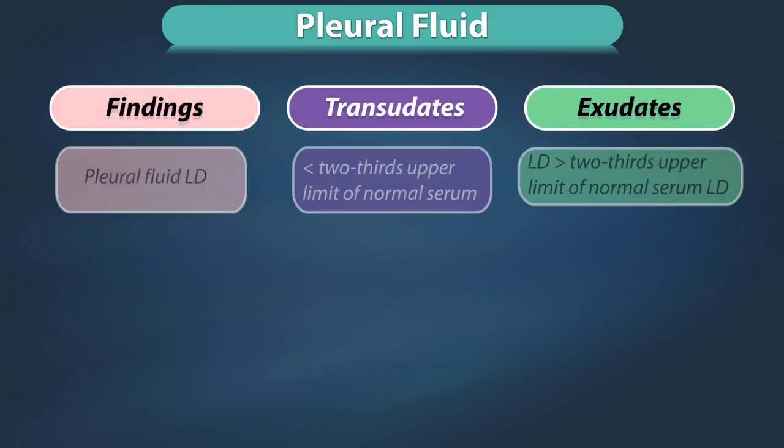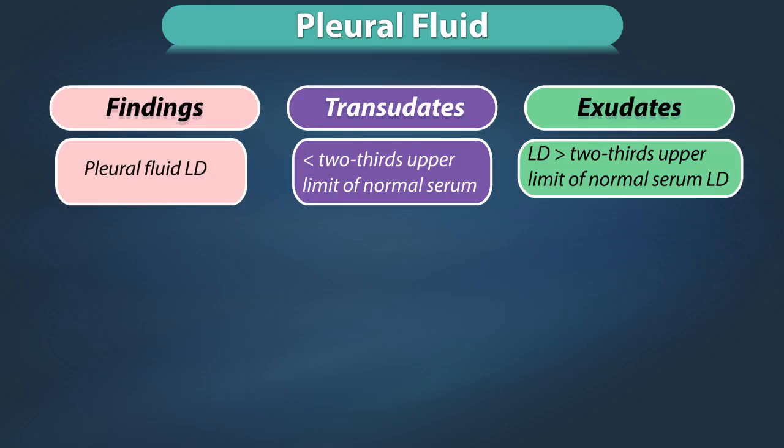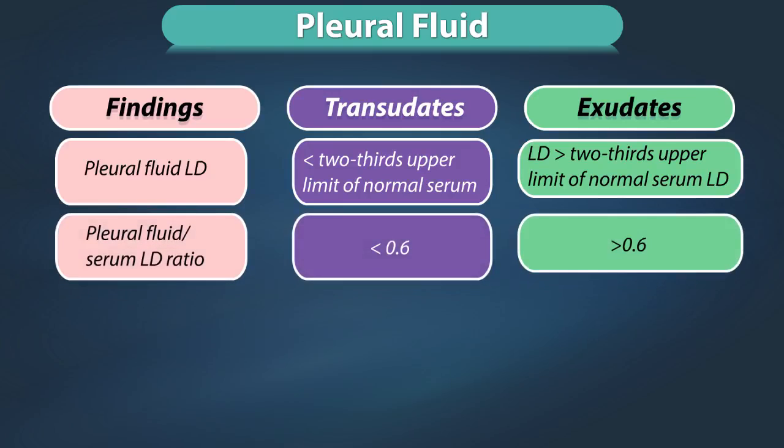Pleural fluid lactate dehydrogenase is less than 2/3 the upper limit of normal serum in a transudate and more than 2/3 the upper limit of normal serum lactate dehydrogenase in exudate. Pleural fluid to serum lactate dehydrogenase ratio is less than 0.6 in a transudate and more than 0.6 in an exudate.